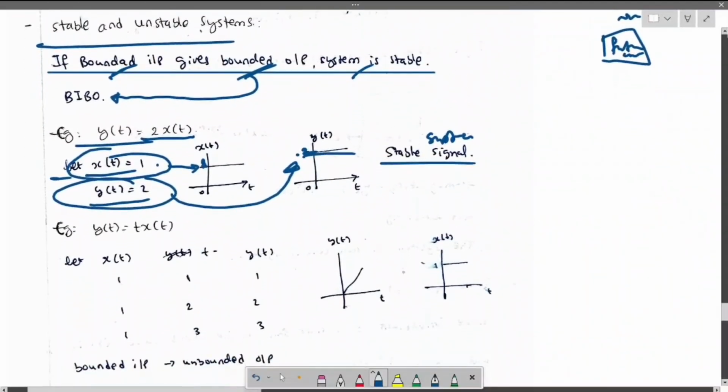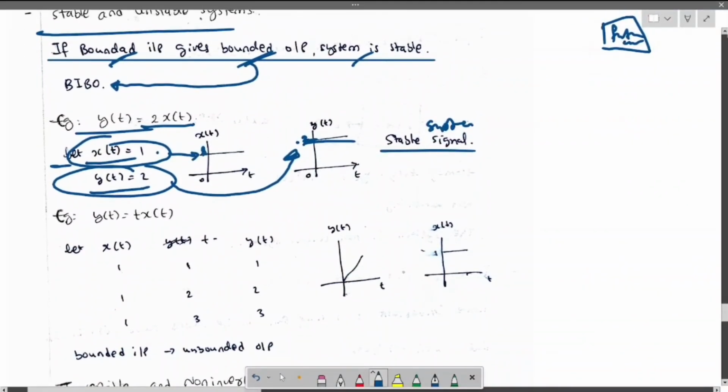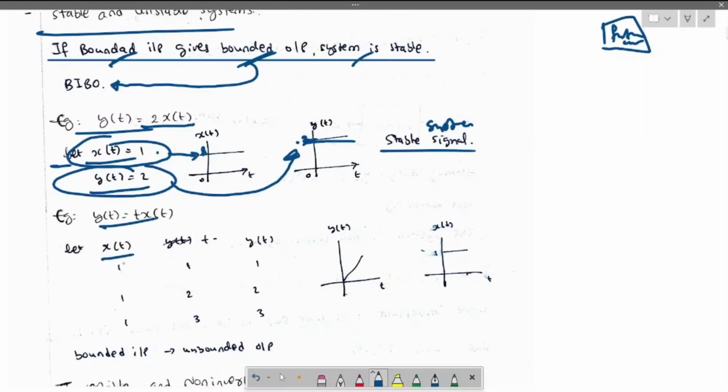Let us go for another example. For y of t equals t times x of t, let us take x of t in the fixed form 1 1 1. Let the time change, right? 1 2 3, it will be changing. Then y of t will also change like 1 2 3. So for a bounded input we are not getting a bounded output.